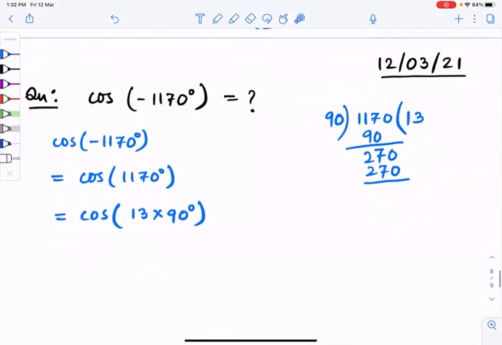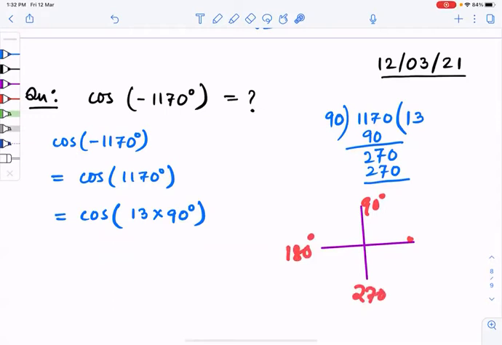How to understand it? For that, let me show you this quadrant here. This is our 0 degree, this is 90 degree, this is 180 degree, this is 270 degree, like that.